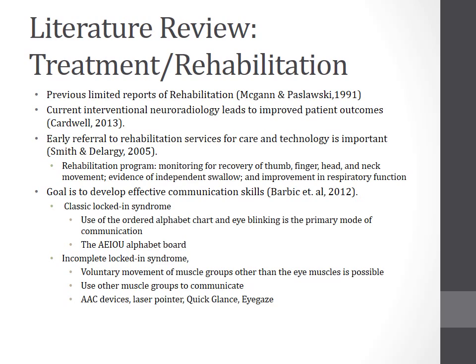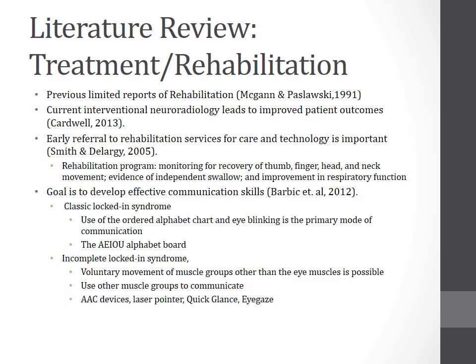The rehabilitation of the patient with locked-in syndrome is directed towards developing effective communication and swallowing skills, if possible. Within classic locked-in syndrome, the AEIU alphabet board was used and was developed specifically for patients with locked-in syndrome. The letters are placed in color-coded rows on a chart. The assistant calls out a color and the patient will blink if correct.